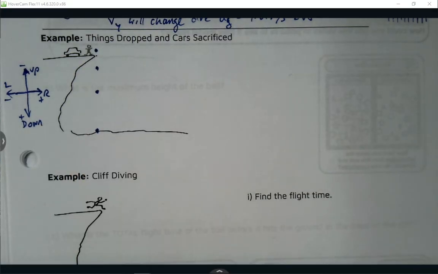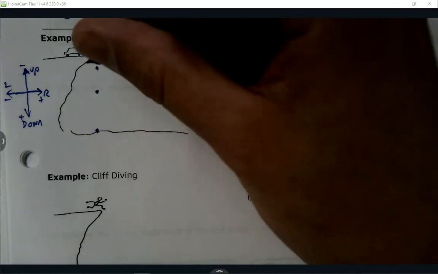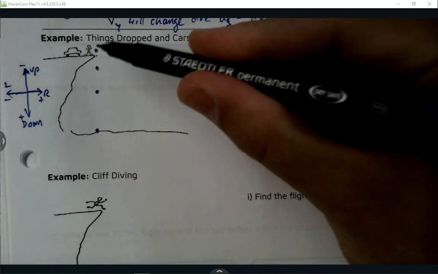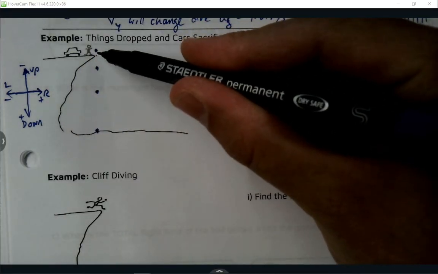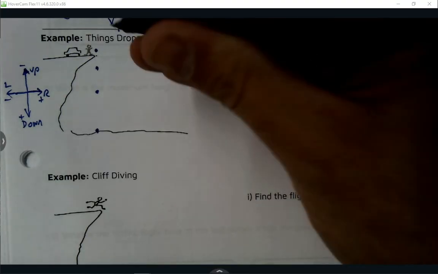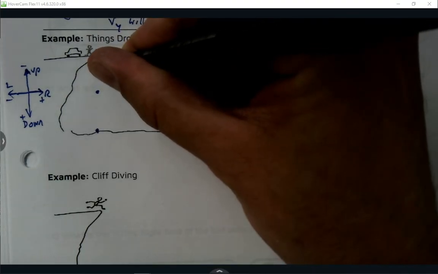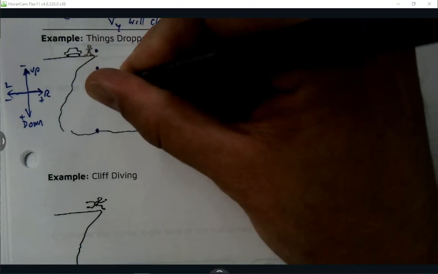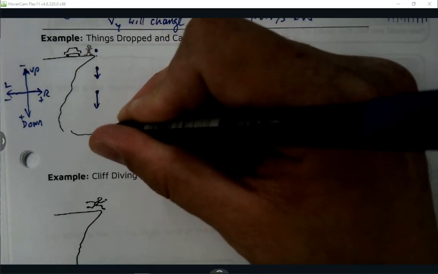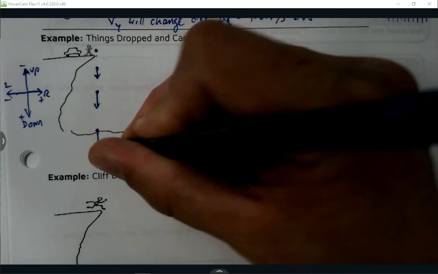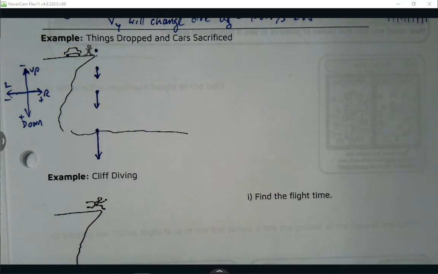So here we're dropping this ball, and we're just saying it's like a ticker tape, and as it falls, I know it's going to start from rest, because the language that we use when we talk about dropping things is that things start from rest. It's going to pick up speed, so that by the time it hits the ground, it's going to be going quite fast.